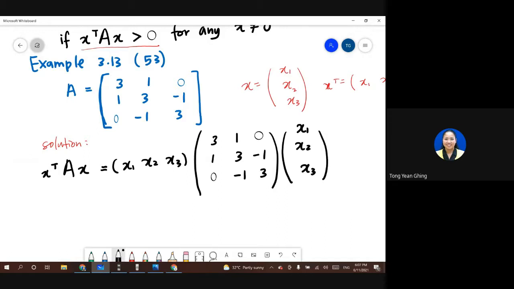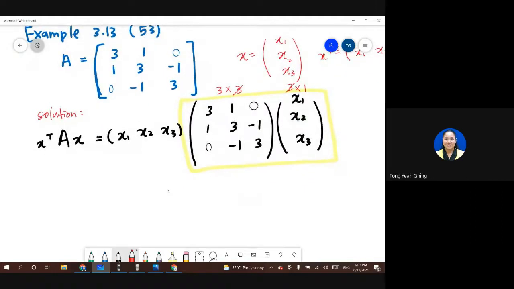Because this is a multiplication of three matrices, I will do it step by step, starting with the multiplication of these last two matrices. Here this is a 3 by 3 matrix and this one is a 3 by 1 matrix, so multiplying them we get a 3 by 1 matrix.